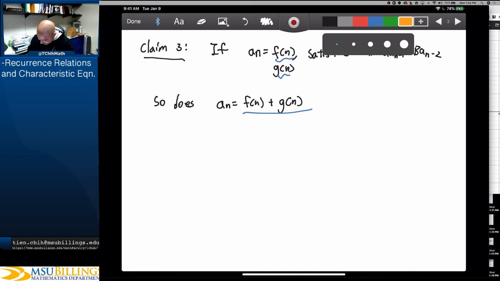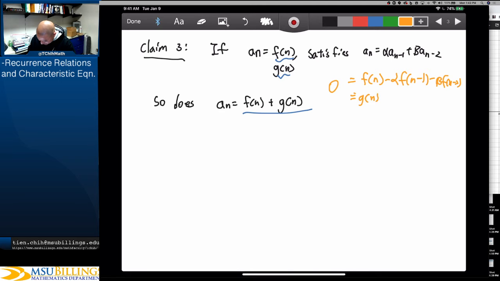What it means to be a solution to the recurrence relation is that f of n minus alpha f of n minus 1 minus beta f of n minus 2, that's got to be 0. And the same thing for the g's: g of n minus alpha g of n minus 1 minus beta g of n minus 2 has to be 0 as well.